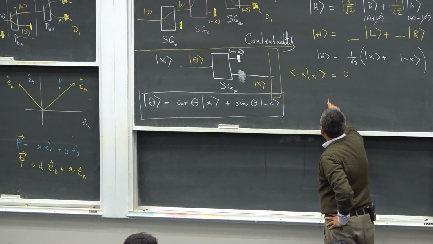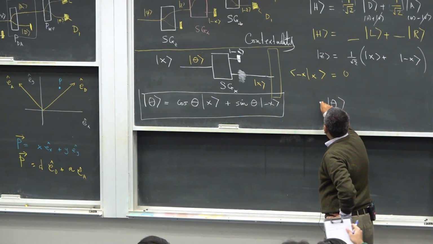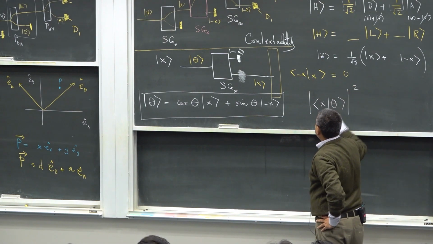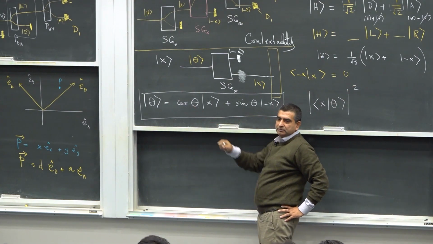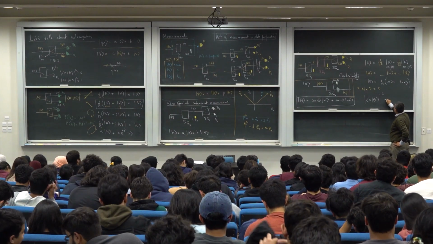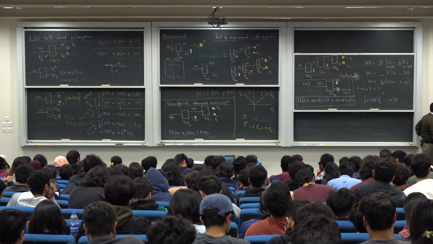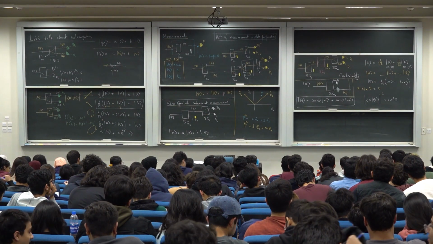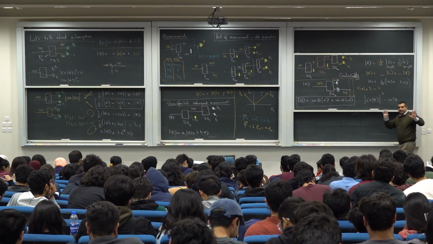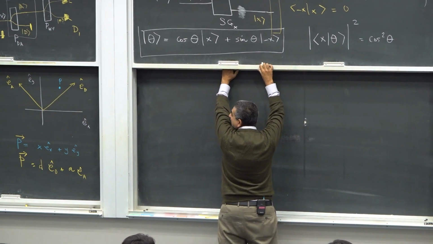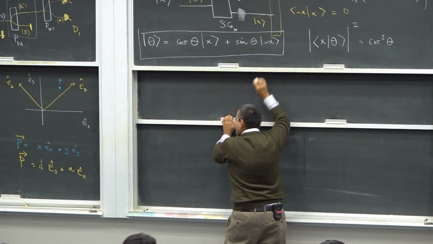Because it's going to be ket theta overlap with ket x, in a product, modulus squared. So this is just this term squared.